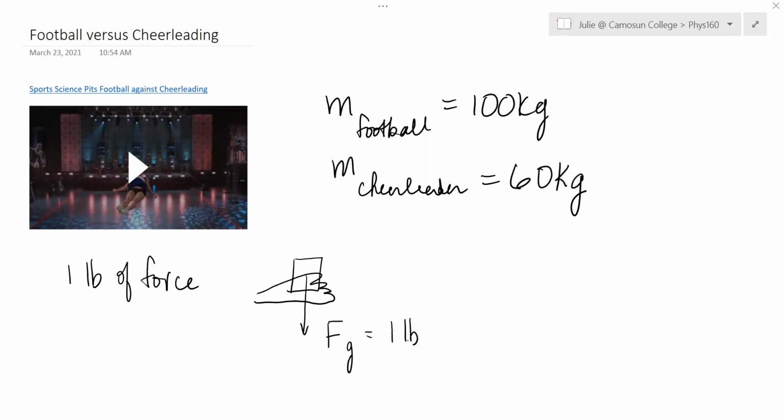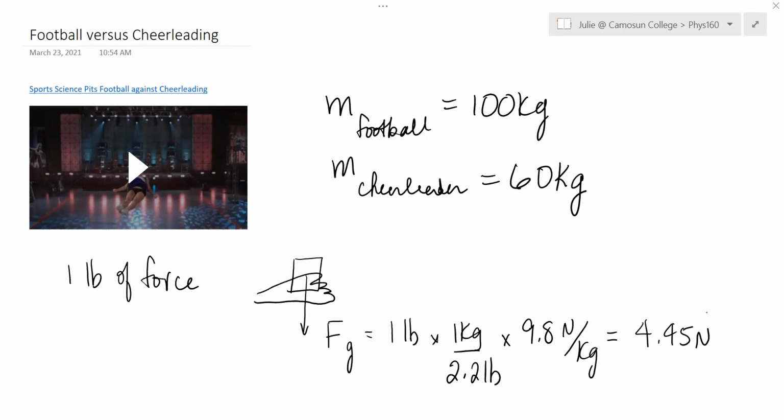But what they mean here is if you take a 1 pound mass and convert that to kilograms and then multiply by g, you would get the force of gravity on a pound of butter, and that would be 4.45 newtons. Now remember, it's not the force of gravity that your hand feels, it's the normal force of having to hold up that pound of butter.